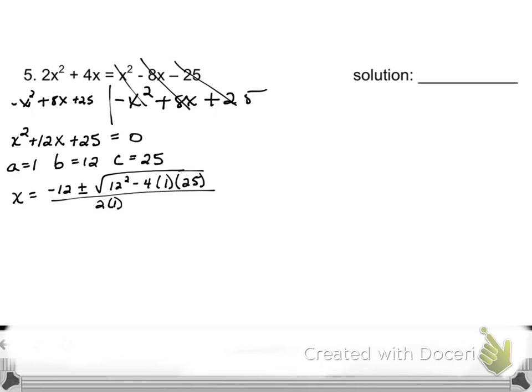Okay, so what do we have then? We have negative 12 plus or minus the square root of 144 minus 100, all of that over 2.